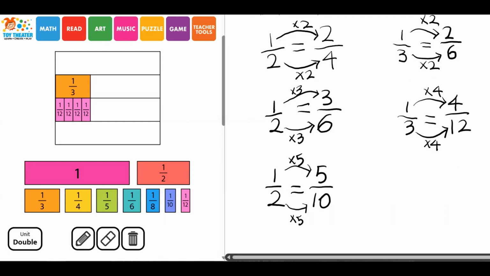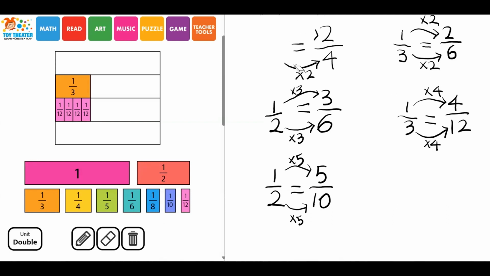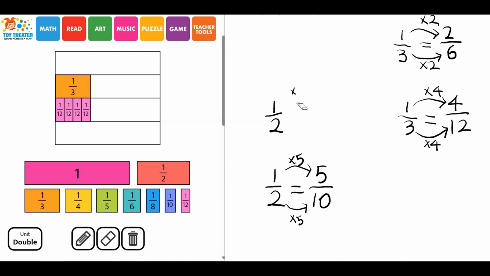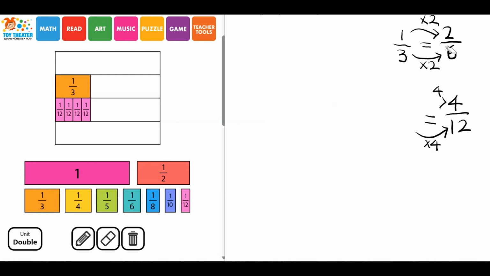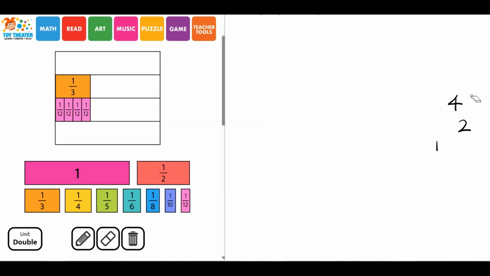So now let me erase this first. What happens if I need to find the first 3 equivalent fractions of, let's say, 1/4? The first one is always to multiply by 2.